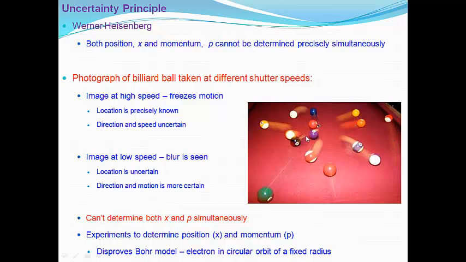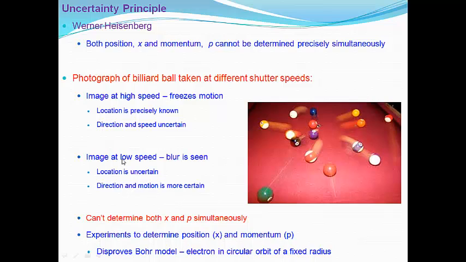And so the blur seen of the ball, in this image taken by the low-speed camera, allows us to determine, to a very great extent, the direction of motion of the ball, and it gives us a sense of what the speed is, because we should be able to calculate the speed based on the distance traveled over a particular time.